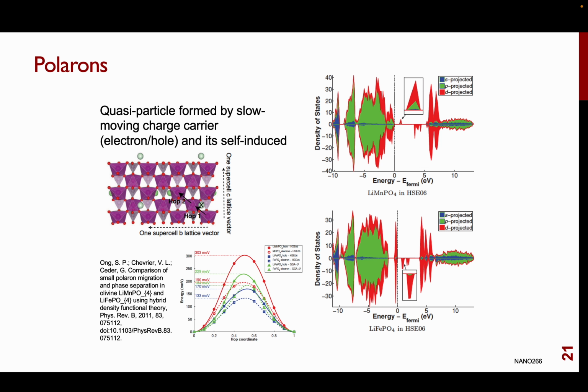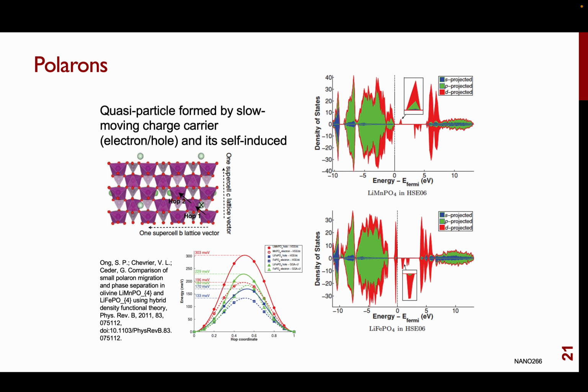And in order for a polaron to hop, which is the alternative mechanism to band conduction, you have to take the lattice distortion around each of your charged particles and move that lattice distortion as well, right? And using DFT calculations, you can first of all calculate whether the polarons will form. In other words, whether you have a negative formation energy of the polaron.